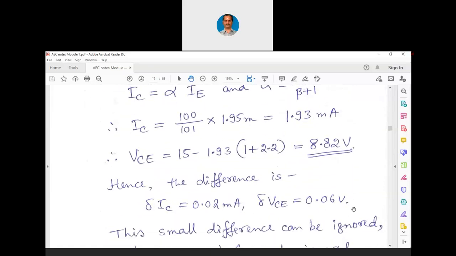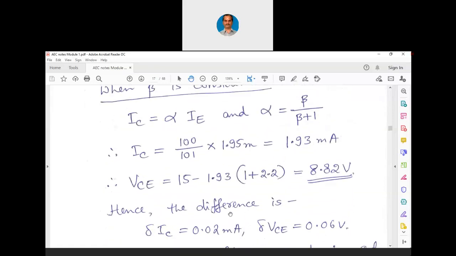So delta IC is 0.02 milliampere or 20 microampere and delta VCE is 0.06 volts. So even if beta is considered, the difference is 20 microamperes and around 60 millivolts. That 60 millivolts can be ignored and the 20 microampere difference also can be ignored.